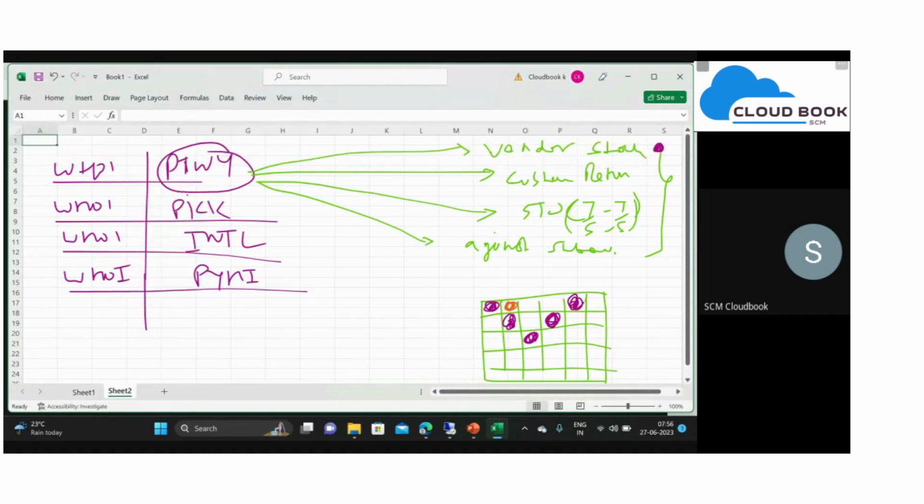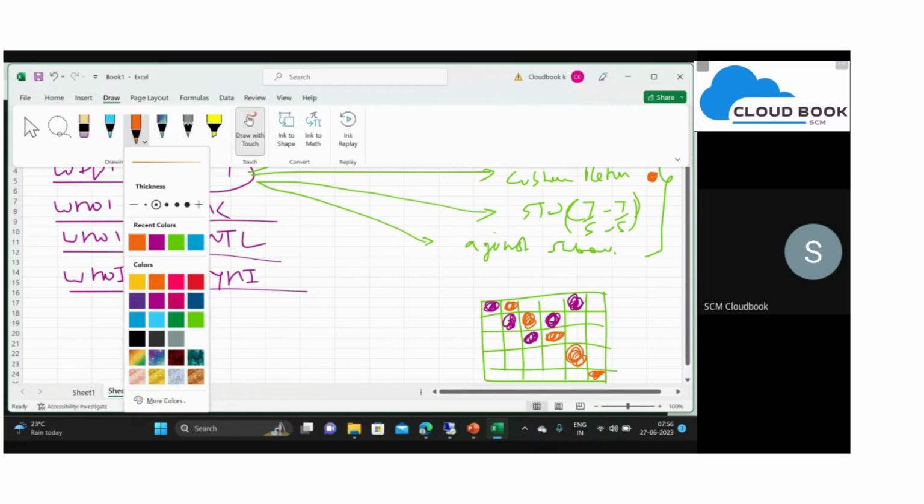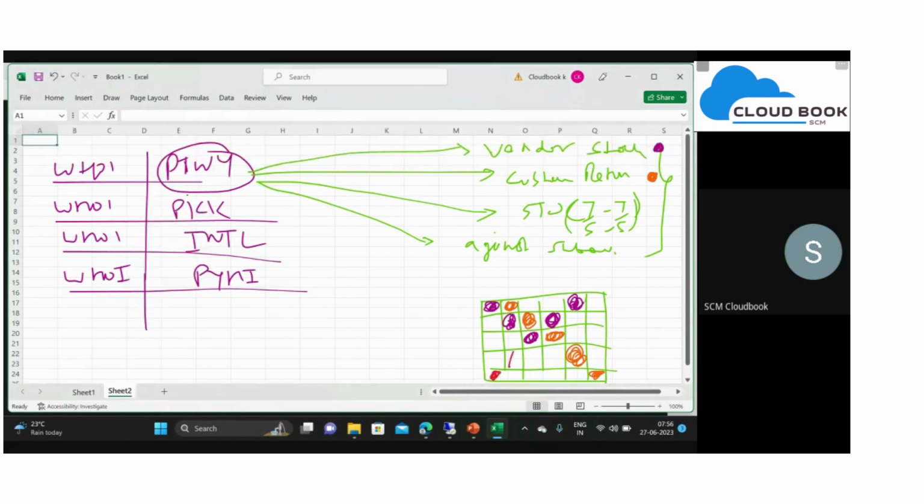These bins with some pattern follow your customer return. Ideally we have different storage types, but if we do not have different storage types, via this also we can identify the bins. Then we have STO in place.